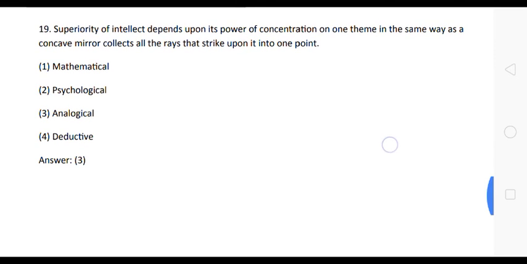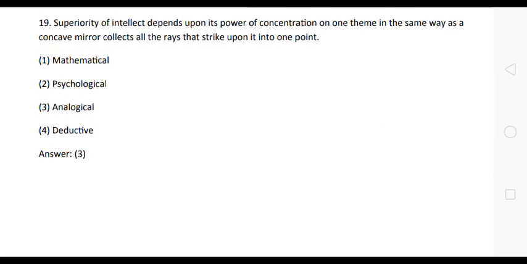The options are 1, mathematical; 2, psychological; 3, analogical; 4, deductive. Here the correct answer is option 3, analogical.